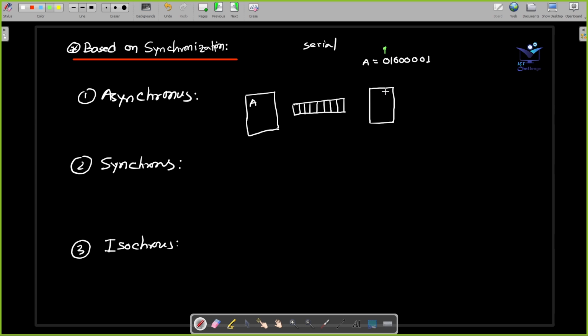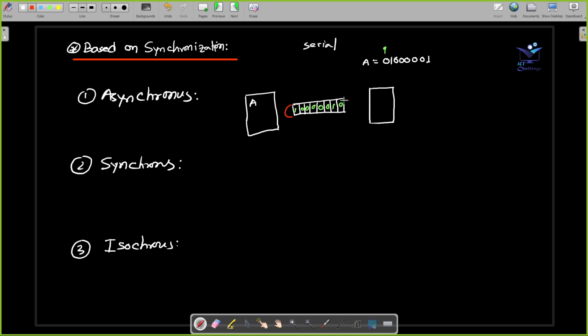This is our first bit of this A. So we place here 0, after that we have 1, then we have 0 0 0 0 0, finally we have 1. In this way the bits of A are transferred from one device to another device. This is our first bit which actually starts to transfer from this device and reaches this device.